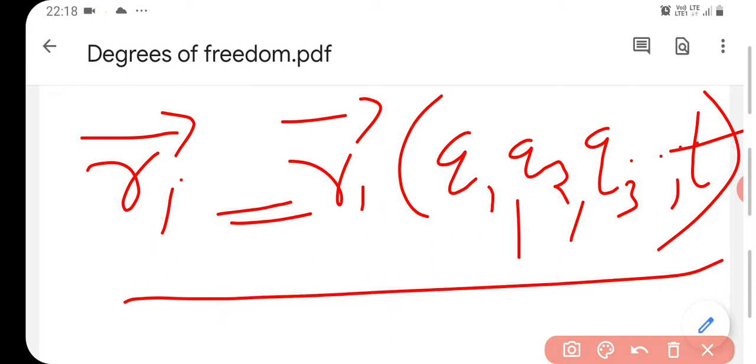There are many particles in the system. That can be written as a function of the generalized coordinates. So these are the transformation relations.